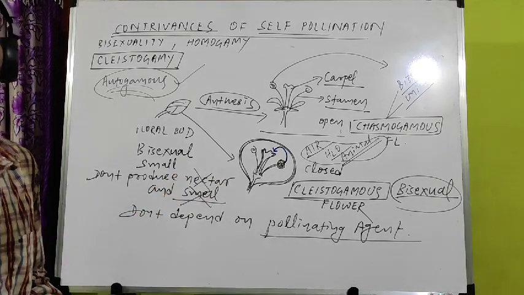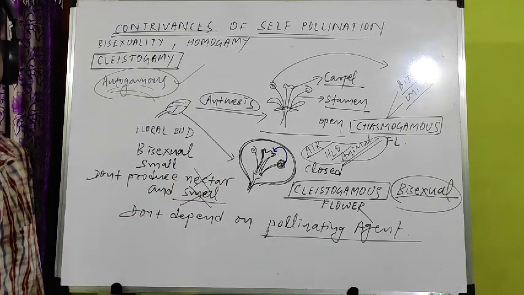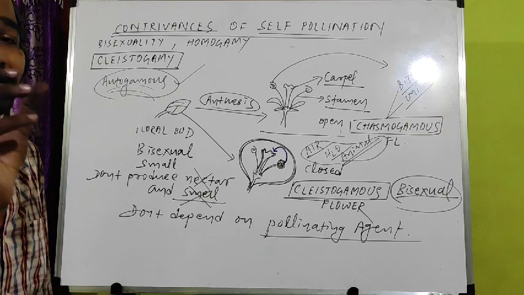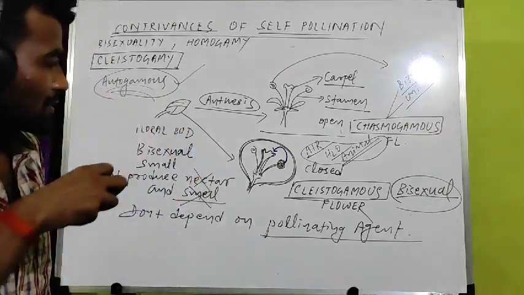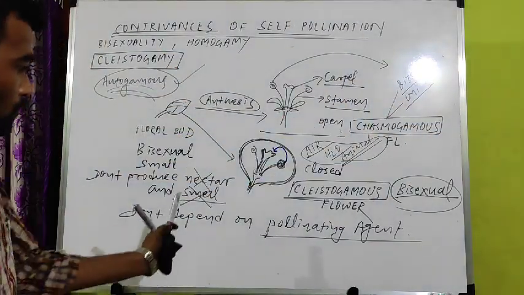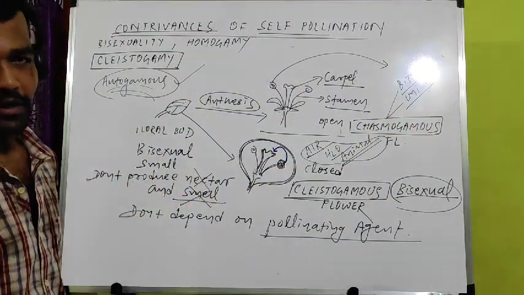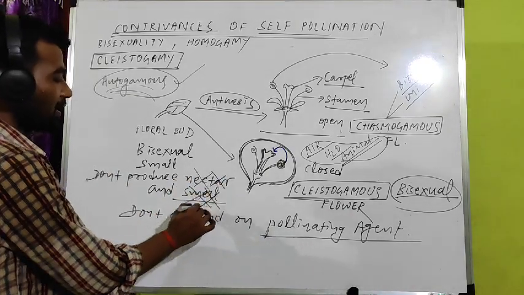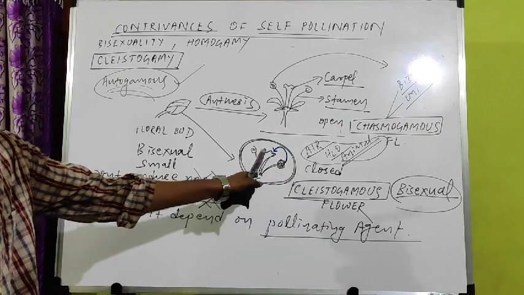What is nectar? Nectar is a sweet sugar solution, which is finally converted into honey. Honeybees and insects collect this sugar solution, nectar, and convert it into honey. So nectar is just a previous stage of honey. It is a sugar solution. This nectar and smell cannot be produced because no one can enter inside.